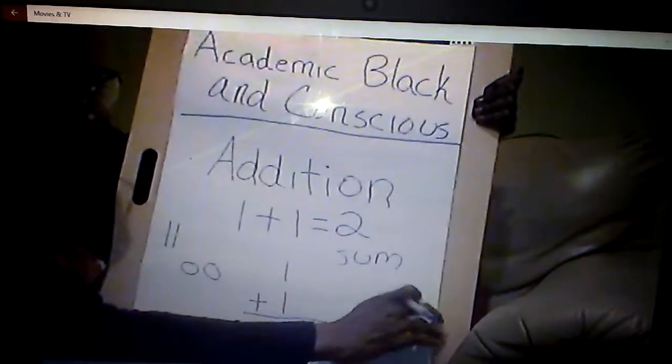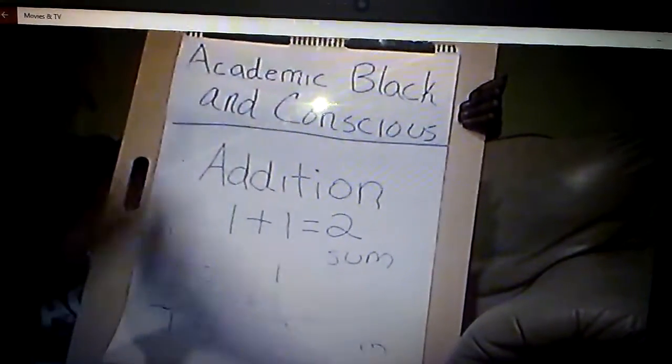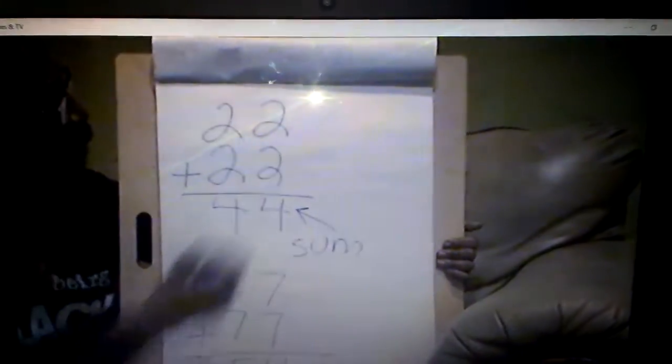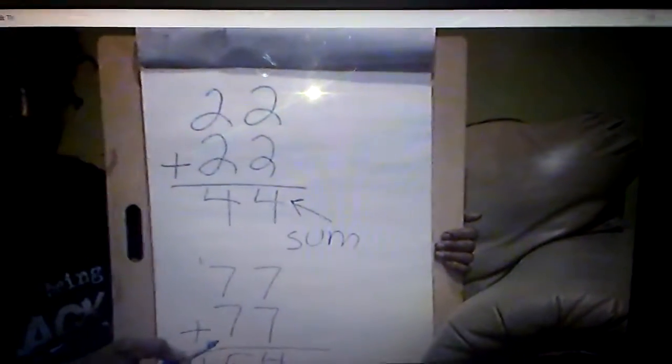Let's move on to double-digit numbers. I'm using small numbers just to make the example. We're going to start with 22 and 22. We're going to add these two double-digit numbers. This is one number, 22, and this is one number, 22.